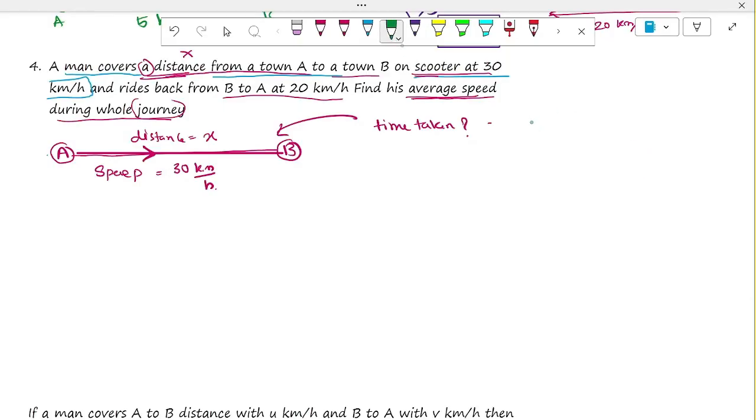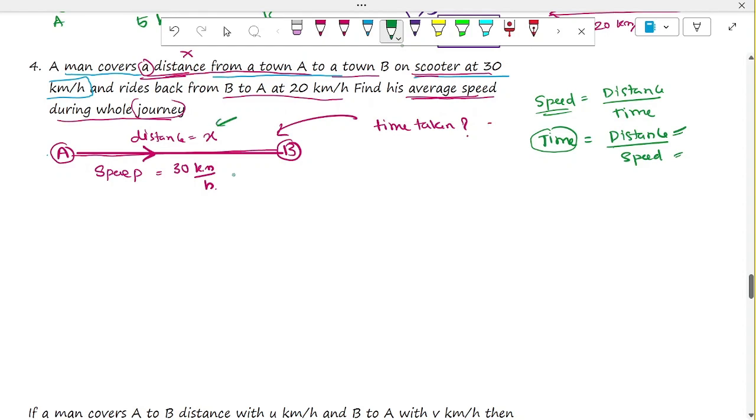You know that speed is equal to distance by time. Just now I have explained, speed is equal to distance by time. Then time will be equal to what? Time will be equal to distance divided by speed. Do you agree to this or not? Speed is equal to distance by time, and time is equal to distance by speed. Now we are given distance and speed, so the time will be equal to what?